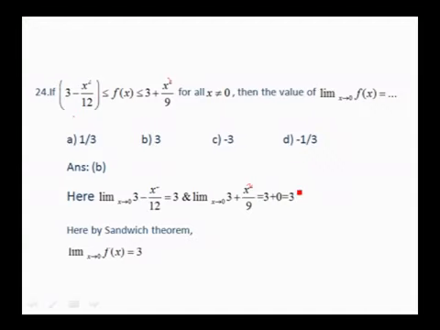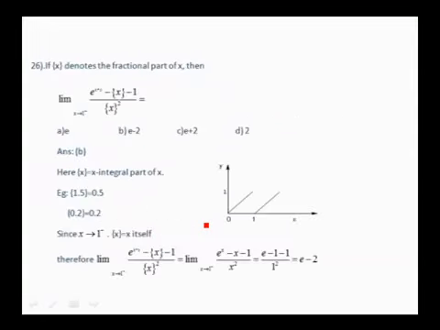So f(x) lies between two limits, namely 3 and 3. Since these two are the same, the limit of f(x) as x tends to 0 is also 3. That is the sandwich theorem. In the sandwich theorem, if you have h(x), f(x), g(x), and the limit of h(x) as x tends to 0 is L and the limit of g(x) as x tends to 0 is L, then the limit of f(x) as x tends to 0 is also L, meaning all three are equal. So the answer is 3.